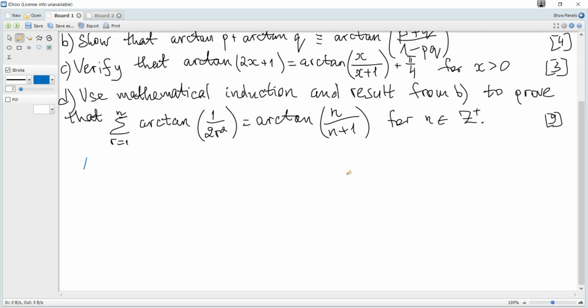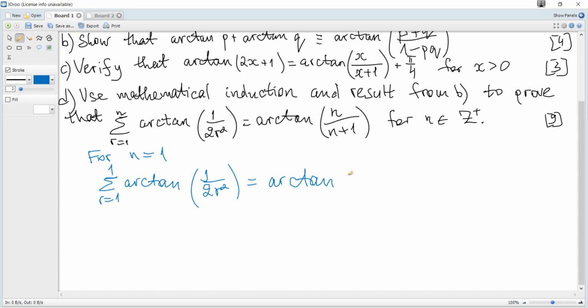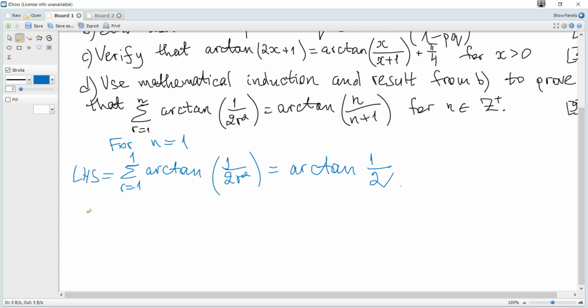So the first step is, as usual, we consider the first possible value of n, it's 1, so for n is 1, the left hand side becomes the sum for r from 1 to 1 of arctan of 1 over 2r squared, and we can see that there is only one term, so r is 1, so we consider arctan of 1 over 2, and it's the left hand side, and let's consider the right hand side, it becomes arctan of 1 over 1 plus 1, so it's arctan of one half.